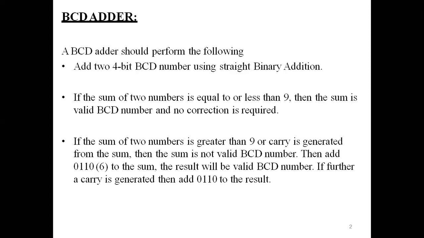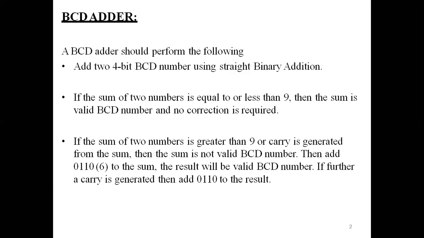If the sum of two numbers is greater than 9 or a carry is generated from that sum, then the sum is not a valid BCD number. So what action will be taken? We have to add plus 6, that is 0 1 1 0, to the sum. The result will be a valid BCD number. If a further carry is generated, then again you have to add 0 1 1 0 to the result.